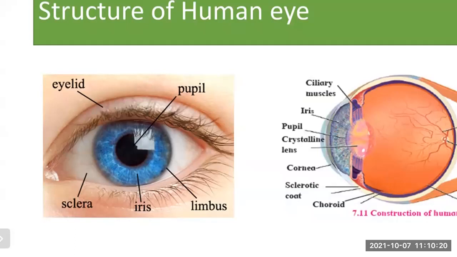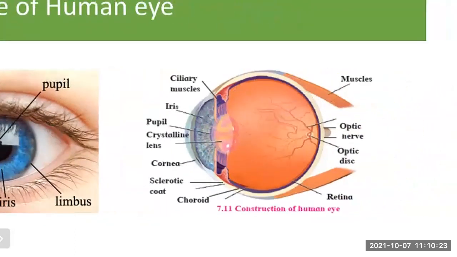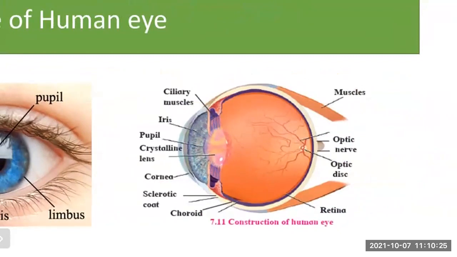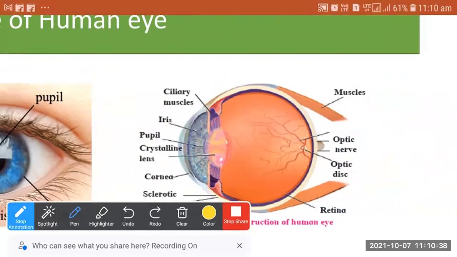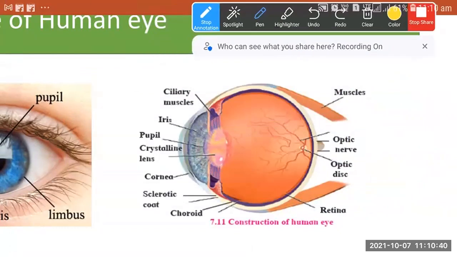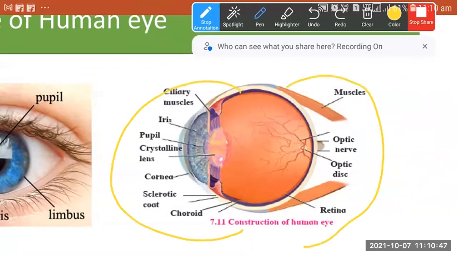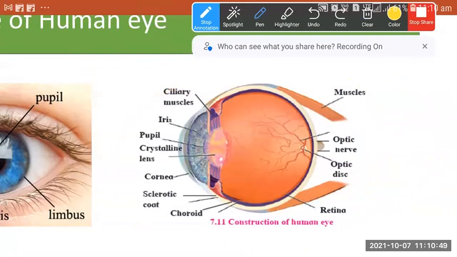Okay. Now let us concentrate on this diagram. Now what we can do, we can remember this diagram in two parts. First we will try to remember this part, and then afterwards this part you can remember. Now let us study one by one.